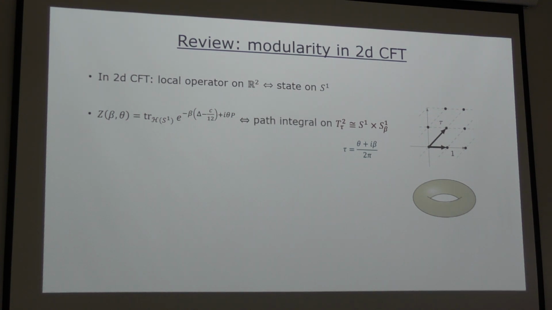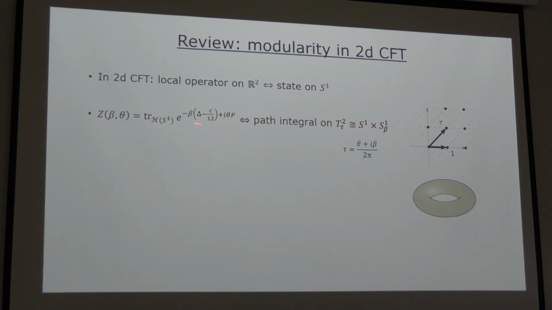Just to get everyone on the same page, I hope I won't bore you because I always have this slide, but I want to quickly review what we mean by modularity in 2-dimensional CFT. In 2D CFT, we have a state operator correspondence, and we can calculate the thermal partition function of this theory, where the Hamiltonian is given by the operator dimension.